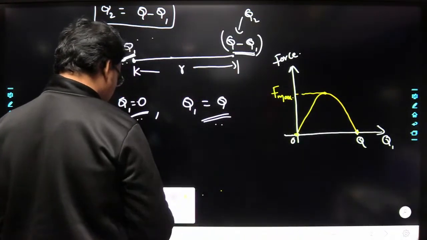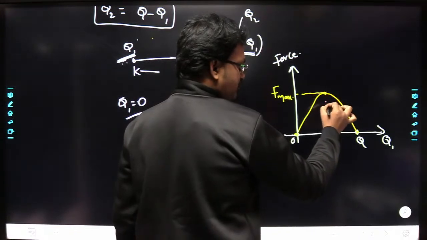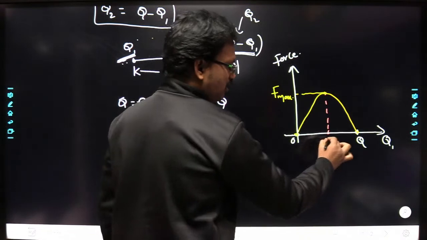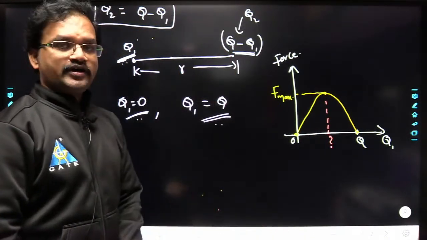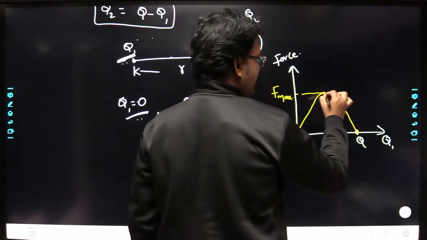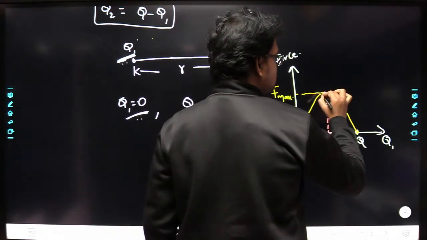At the maximum force, you have to determine the value of Q1. What must be the value of Q1 at this location, that's what you have to determine. Now if you observe here, at this point the force is becoming maximum. So what is the slope at this point?